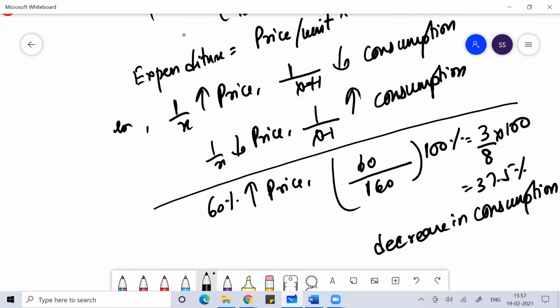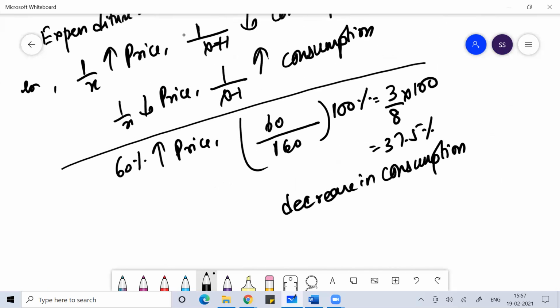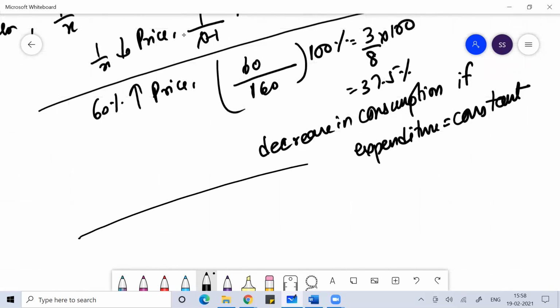Okay, 60% increase in price will bring 3 by 8 or 37.5% decrease in consumption if expenditure remains the same, or constant.